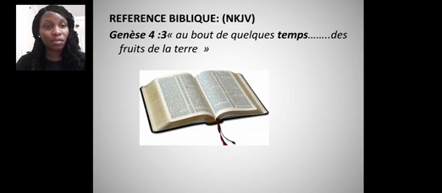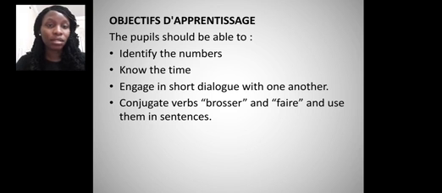In the course of time, Cain brought the fruit of the ground as an offering to the Lord. You can see it's not complete here, but I'm just telling you what is in that verse. In the course of time, Cain brought the fruit of the earth or of the ground to the Lord as an offering. All right, let's continue.